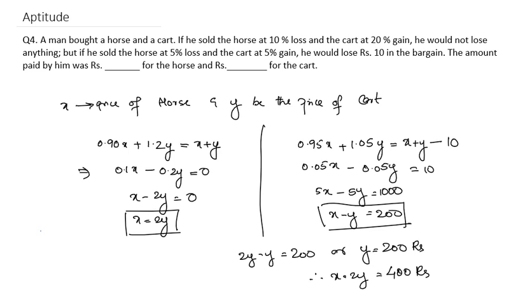So the price of the horse is equal to 400 rupees, and the price of the cart equals 200 rupees.